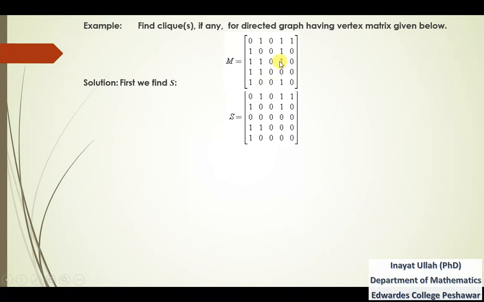So search for A43. This is A43, fourth row and third column.